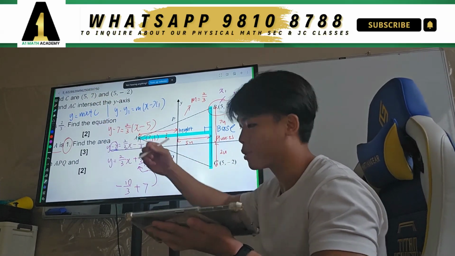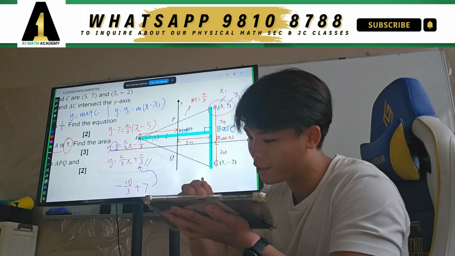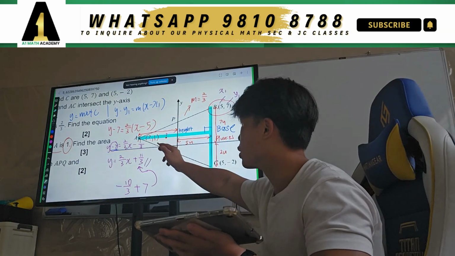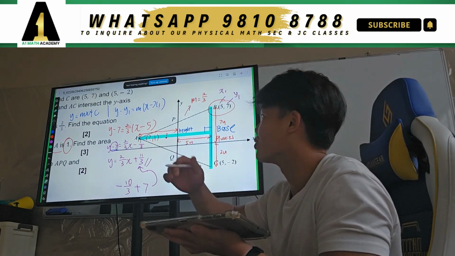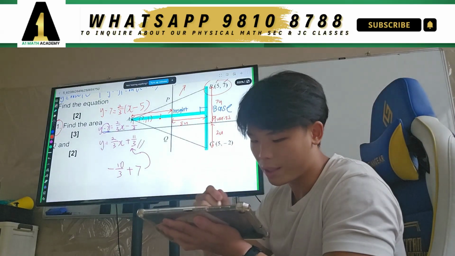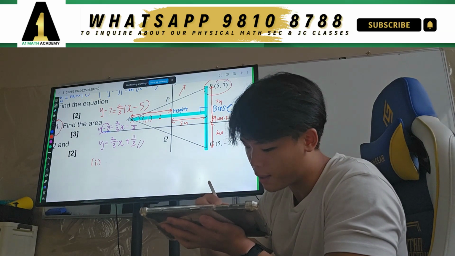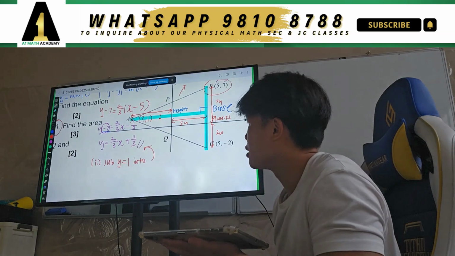What did we do in the previous question? We found the equation of the line. So the equation of this whole line is this, and now we have the y coordinate. So how to find the x coordinate? For part double I, you just need to sub y equals 1 into this equation.